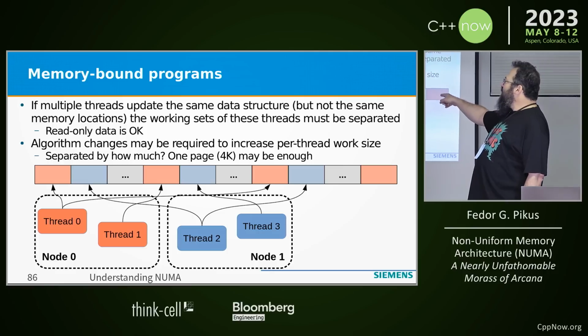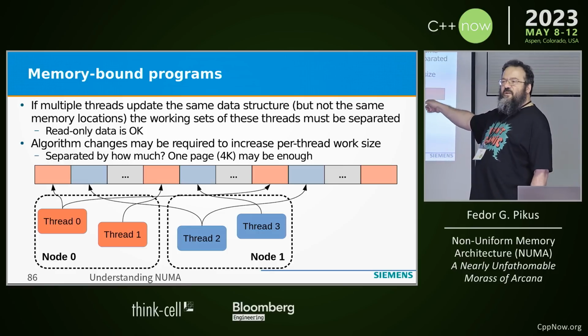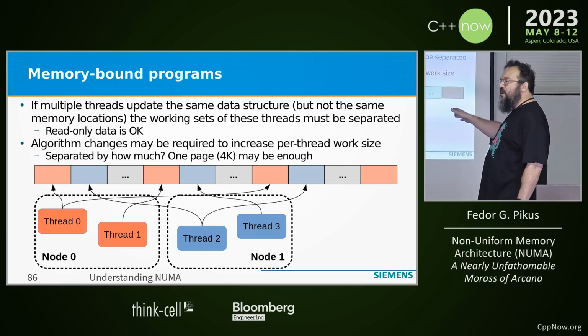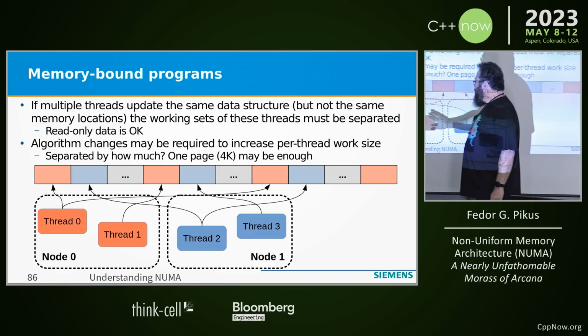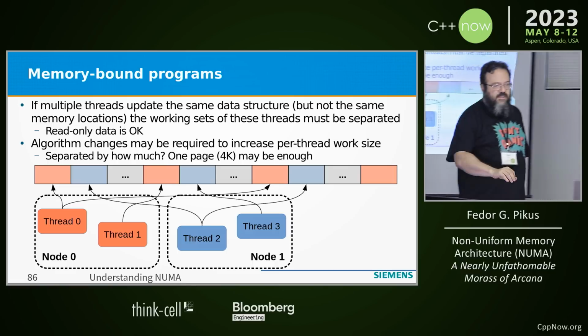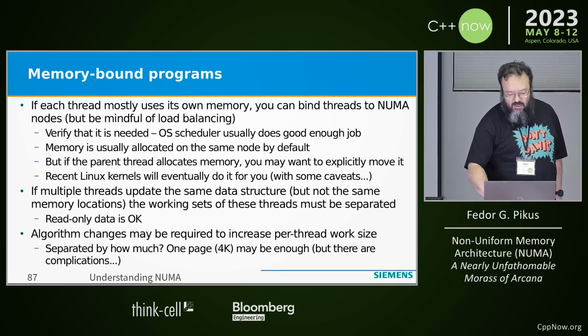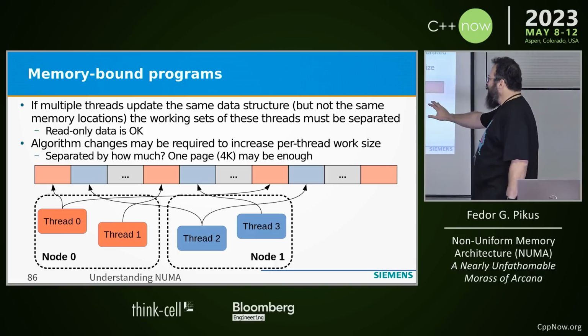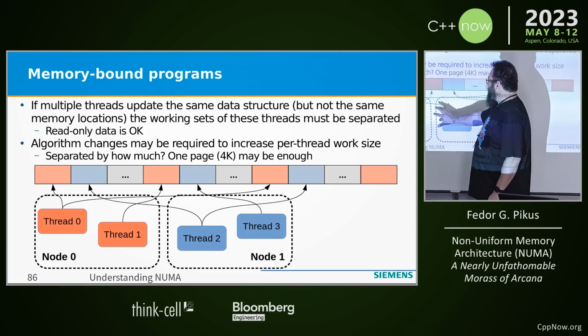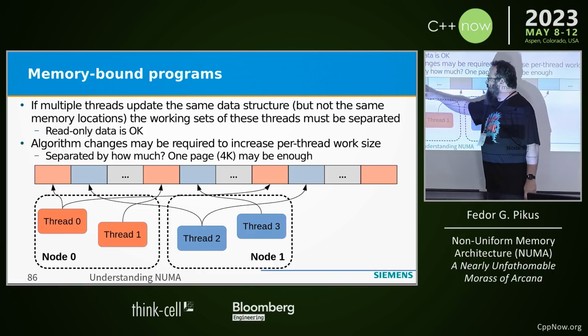There is nothing you can do to make this better other than not doing it. So if you're running on a NUMA node, reorganize your data such that you access it in a more node-friendly way. Group all of these accesses in one.